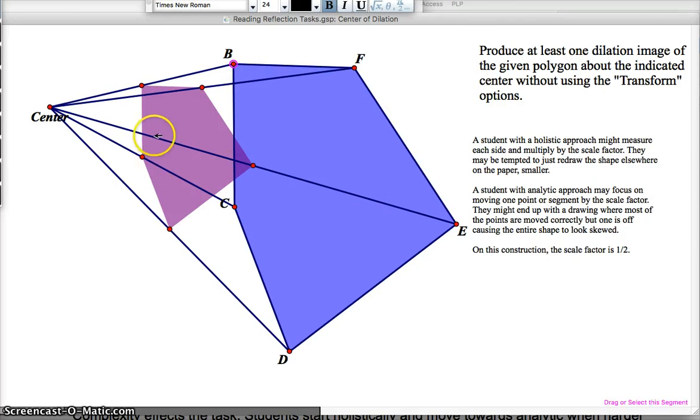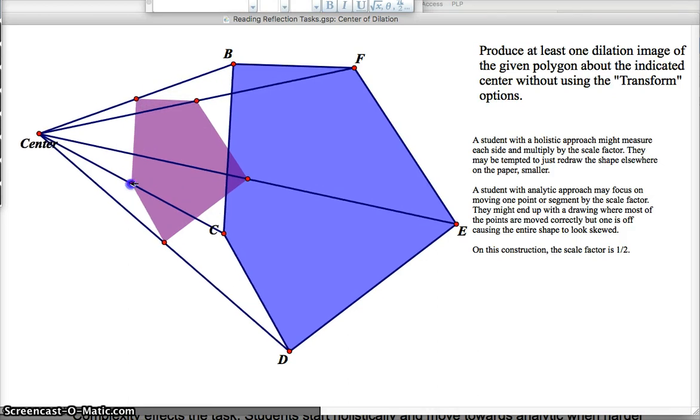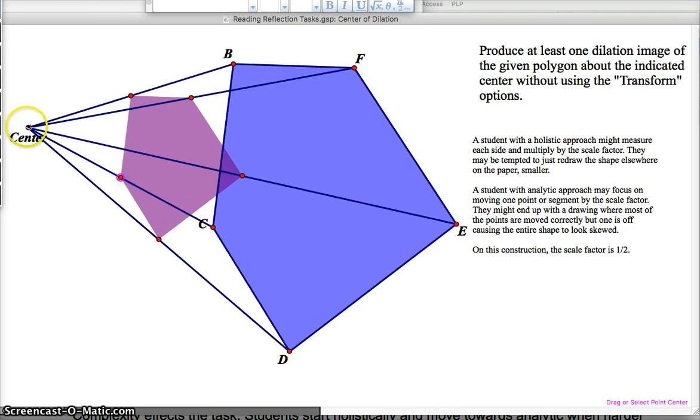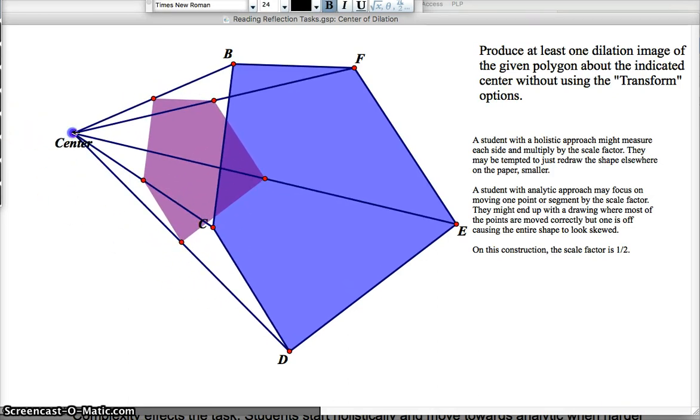This student might be tempted to then just redraw the small figure on the paper again without correct relation to the center, but to just redraw it smaller. An analytic approach to this will focus on maybe just moving one point or moving one segment at a time.